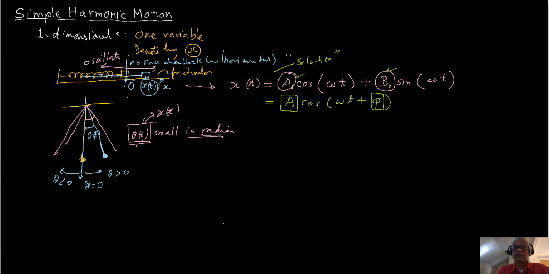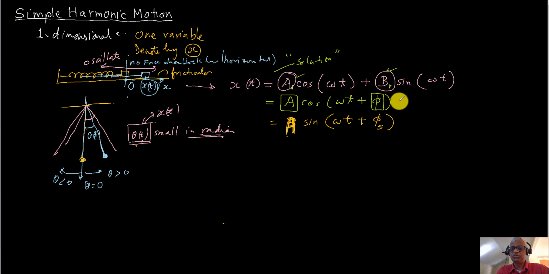Of course, you could write yet another way: some B sine of omega t plus maybe some other phase angle. It turns out this A and B will be the same, so we just write down A, same. This phase angle goes with the cosine, this phase angle goes with the sine, and they'll be off by 90 degrees.